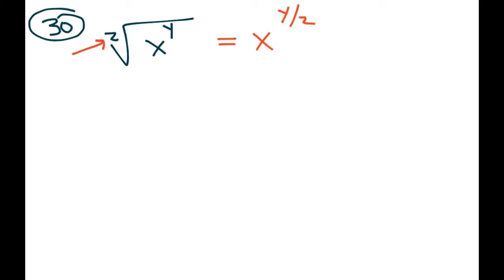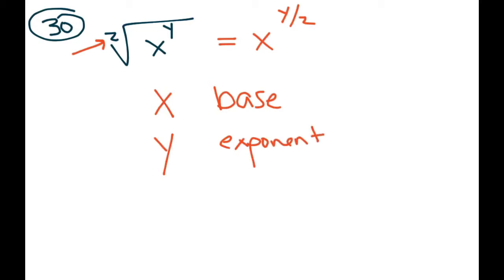So this becomes x raised to the y over z power. X is called the base of the exponent. Y is the exponent. But z became part of the exponent, but z was really the root index of the radical.